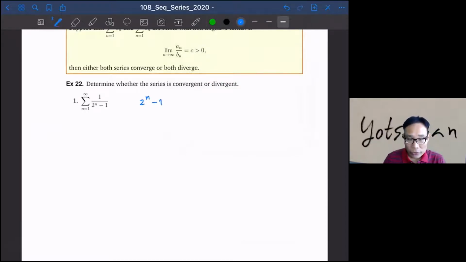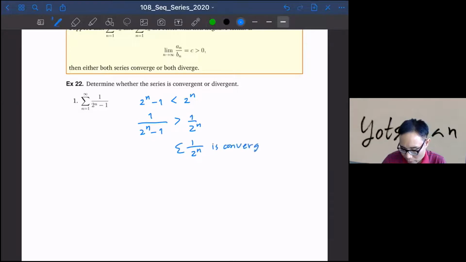And when you have 2 to the n minus 1, you get this guy smaller than 2 to the n. And when you flip this one, you get 1 over 2 to the n minus 1 higher than 1 over 2 to the n. And you know that the series 1 over 2 to the n is convergent, because the ratio is equal to 1/2, less than 1.